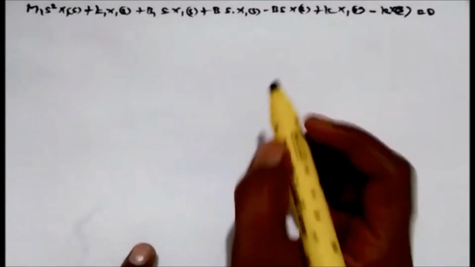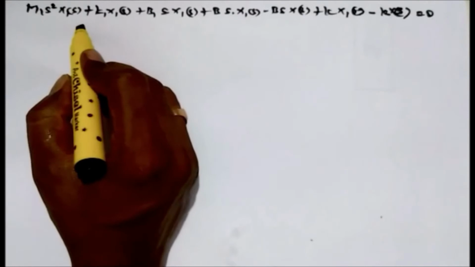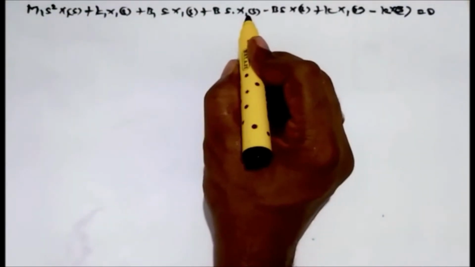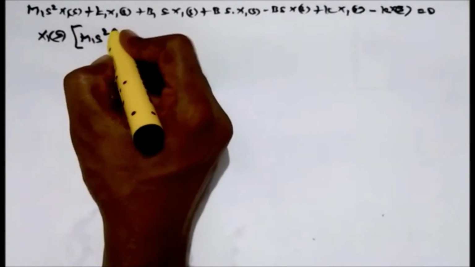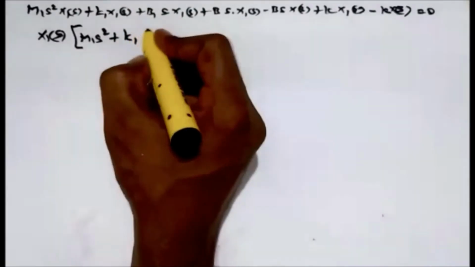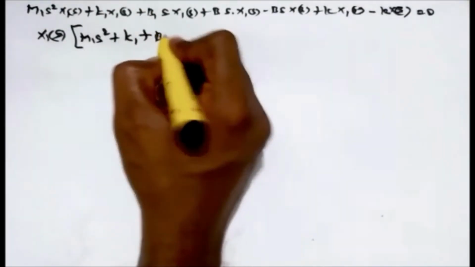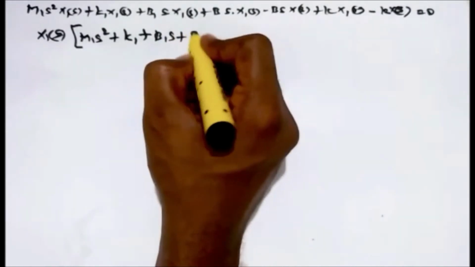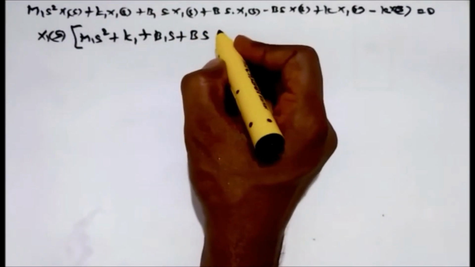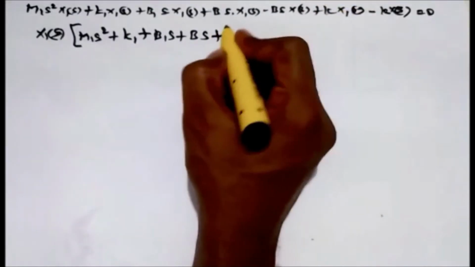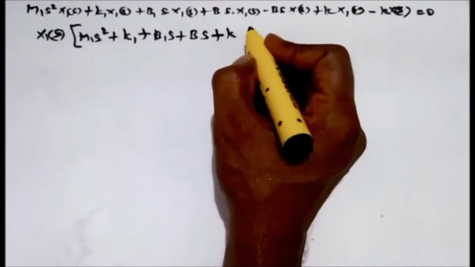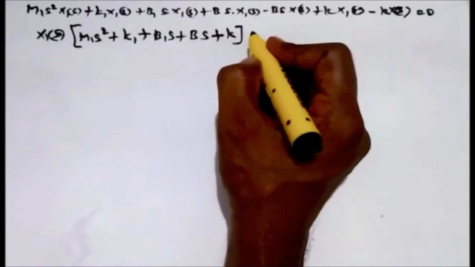From this we have to separate the x1 of s term and the x of s term. From these terms we can take x1 of s outside. Therefore x1 of s into m1 s square plus k1 plus b1 s plus b s plus k.